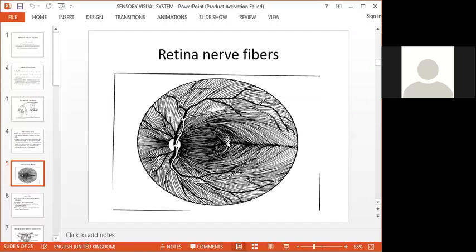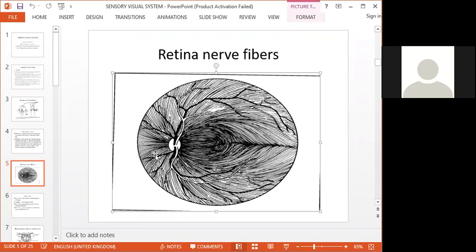From here, fibers on the nasal side of the disc of the fovea, they go directly and enter the nasal disc. The ones which are temporal to this macula have to go above and below, avoiding directly going through the macula.